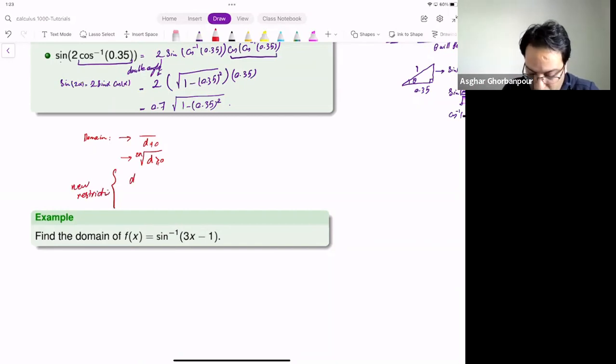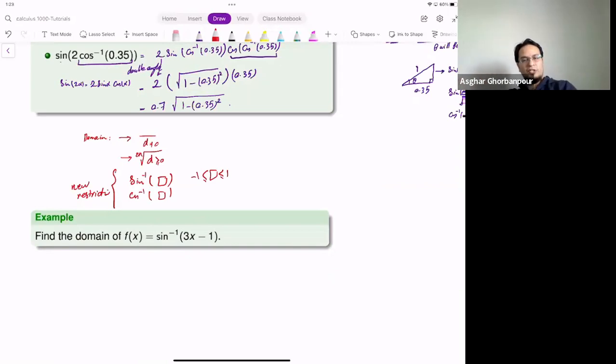For sine inverse, if you have sine inverse of something, that something must be between -1 and 1. If you have cosine inverse, it's the same thing. For tan inverse, we don't have any restriction. If you have secant inverse, there's a restriction of its own.